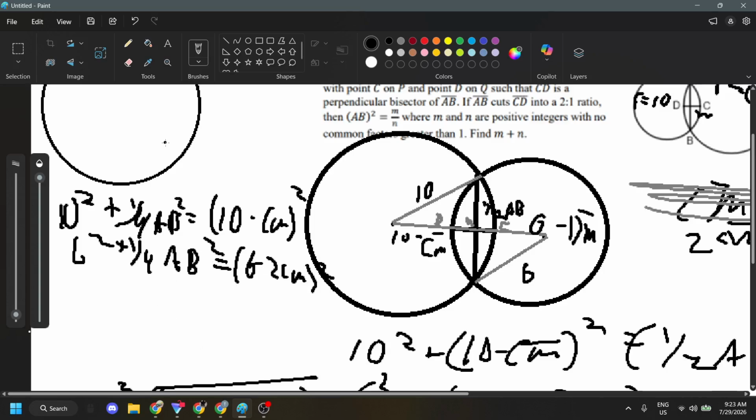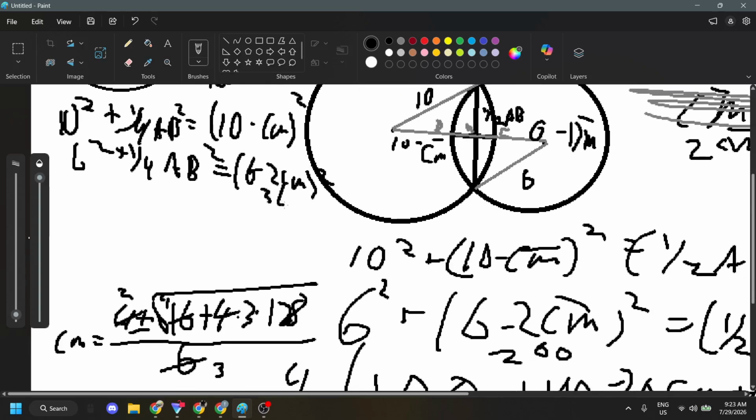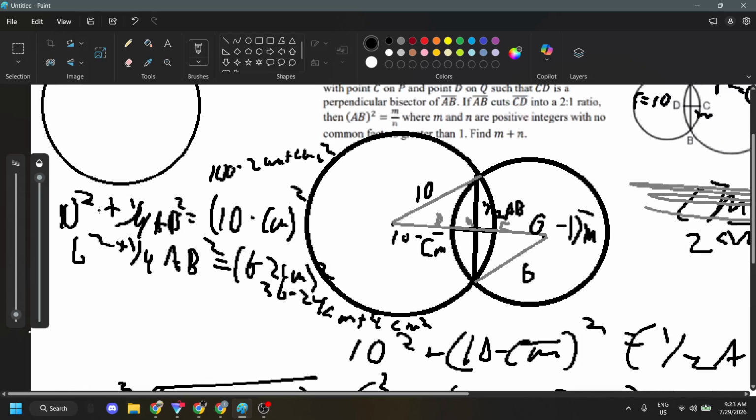Okay, now what we did, we could just subtract the two, so then we get 100. So this expands to 100 minus 2 cm plus cm squared. And this is 36 minus 24 cm plus 4 cm squared. Now we just subtract the two, so then we get 100 minus 30.